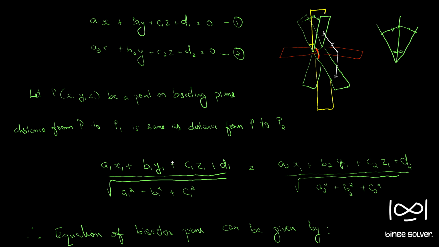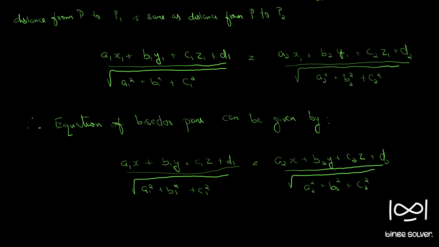Since when you derive the distance like this, we are considering the sign of this. We need to stick to some particular direction. When we calculate the perpendicular distance from any point to a plane, we usually consider the distance from the origin to the plane in the positive direction.